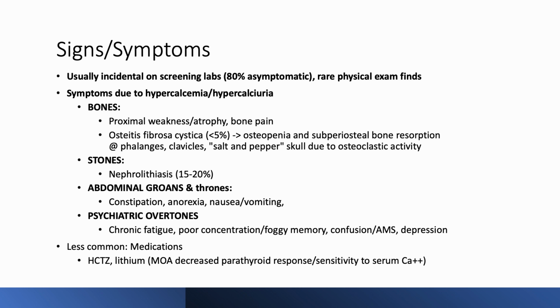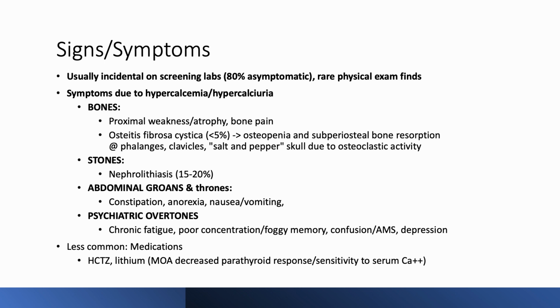So again, our classic board question, or when we're learning this in school, we talk about bones, stones, abdominal groans, thrones, and psychiatric undertones. That probably sounds painfully familiar. So when we talk about bones, these are proximal weakness, atrophy, and bone pain from the osteoclastic bone turnover.